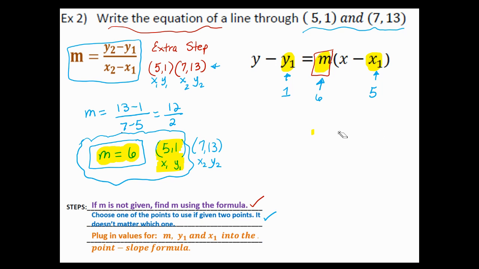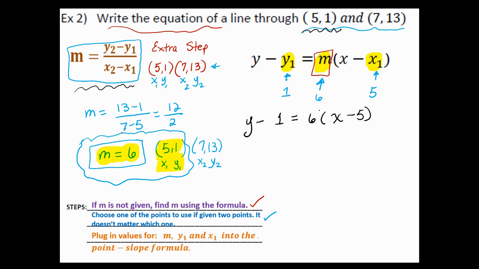And then we're just going to use that formula and we'll get an equation of a line. So y minus 1 is equal to 6 parenthesis x minus 5. And we got all that information from the beginning part of the problem up here and from using our slope formula.